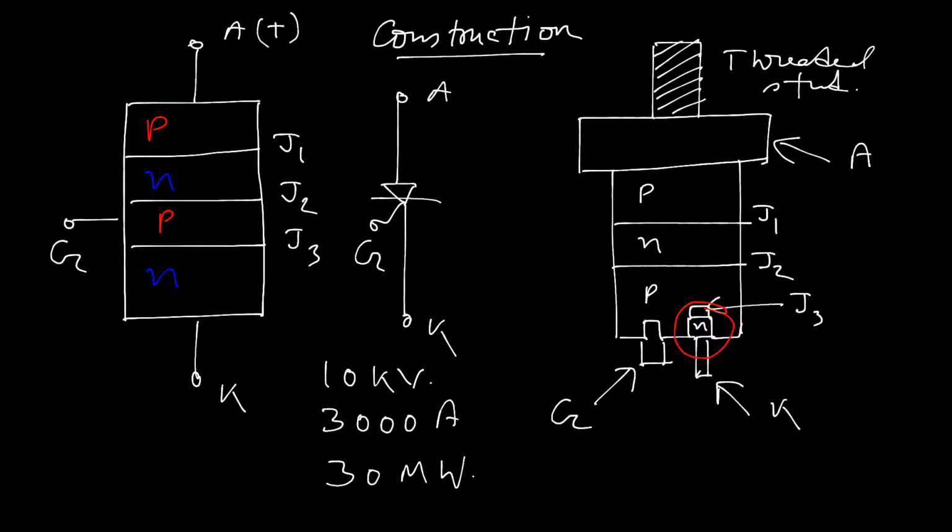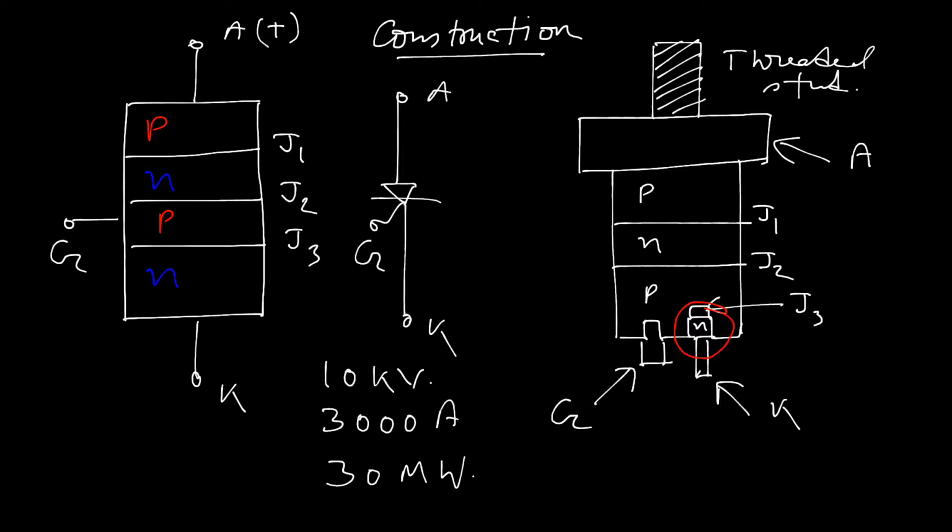But in the case of junction J2, as the current tries to flow from N to P region, junction J2 behaves like a reverse biased junction.